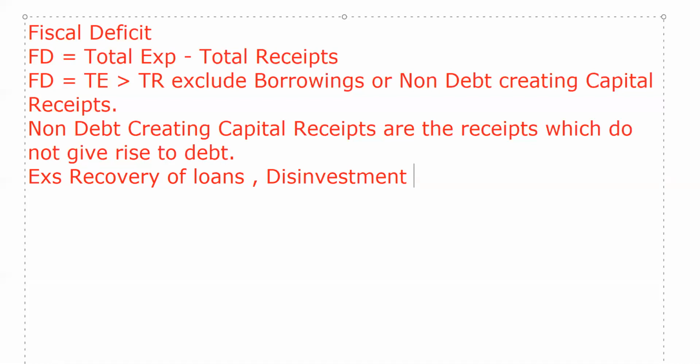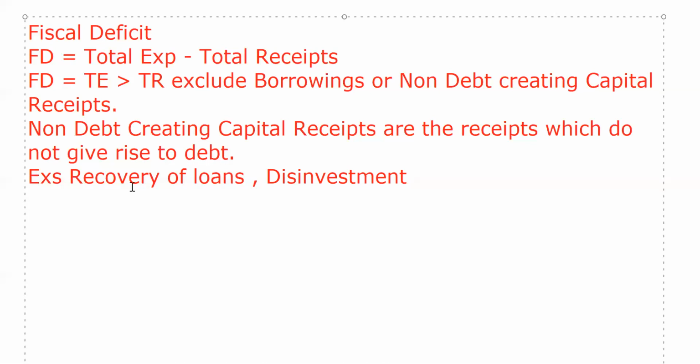So if in the numericals the borrowings have been given, it means fiscal deficit would be equal to the value of borrowings. It means we could say fiscal deficit is equal to borrowings.